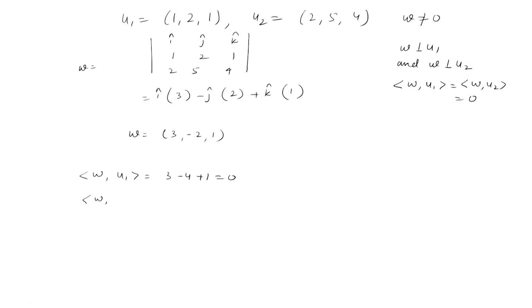Inner product of w and u2 is 6 minus 10 plus 4 which is again 0. Of course, it will be, because it is the cross product of these two vectors and hence w will be orthogonal to these two vectors. In fact, any alpha times this vector 3 minus 2 1 will be orthogonal to both u1 and u2.